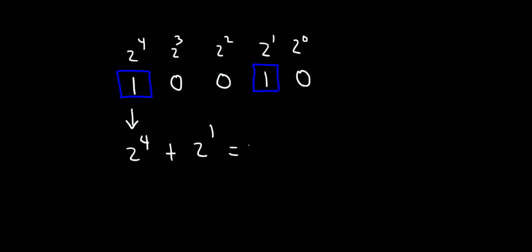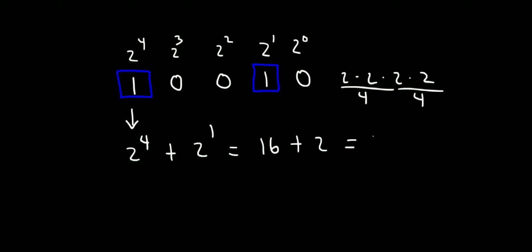Now we will multiply this 2 four times. This you have to remember, 2 into 2 into 2 into 2. This is 4 and this is 4, and then 4 4 16, and plus 2. So this is 18. Like this we will solve this question, and this 18 is the answer.